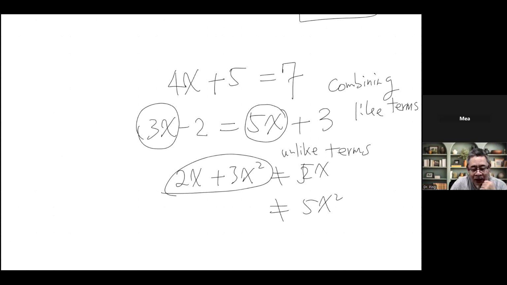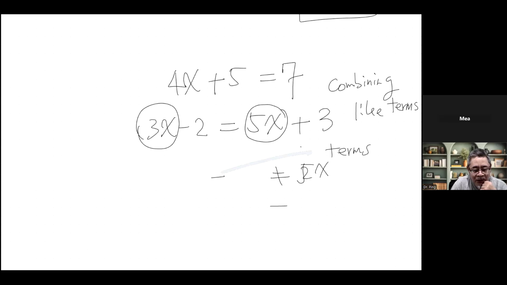so what we're going to have to do is move the term with the unknown, which is x, to one side. Normally it's on the left-hand side. Okay, so if we move it over, it doesn't matter which term gets moved. If you move it to the other side of the equation, we're just adding its opposite.